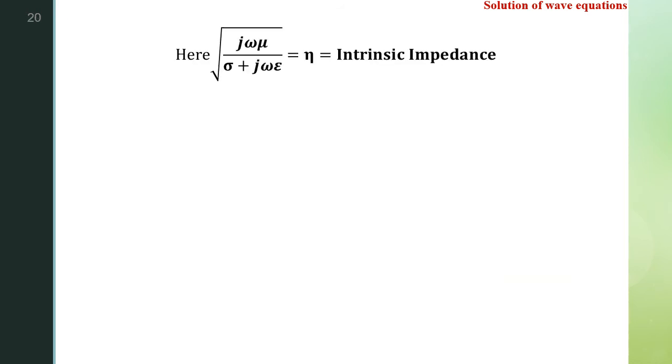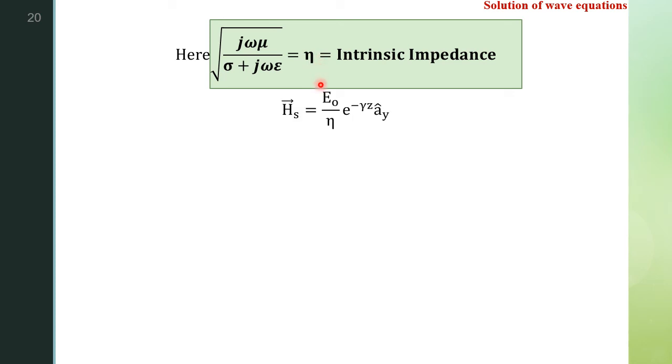Here, the term root of j omega mu by sigma plus j omega epsilon is called eta, the intrinsic impedance of the medium, denoted by eta. So the expression reduces to Hs is equal to E naught by eta e raised to minus gamma z ay cap.